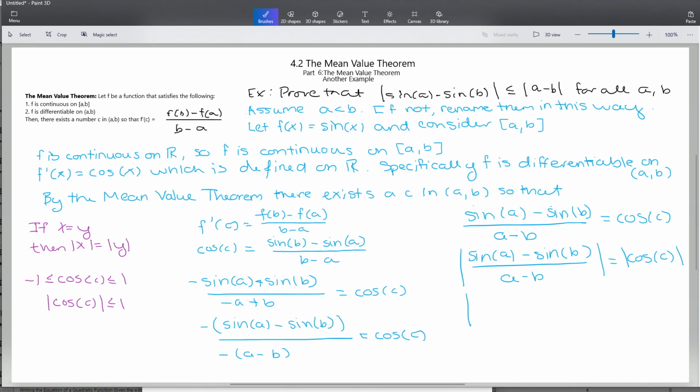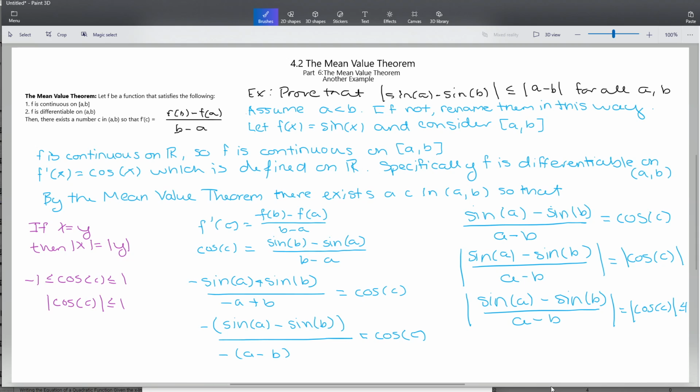I know that the absolute value of sine A minus sine B over A minus B is equal to the absolute value of cosine C, which is less than or equal to 1.